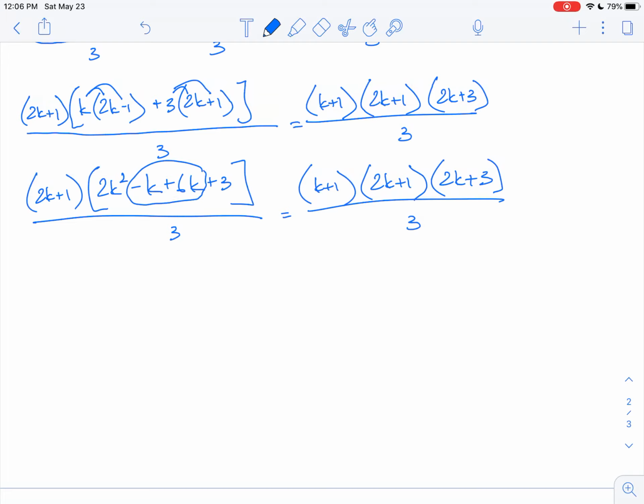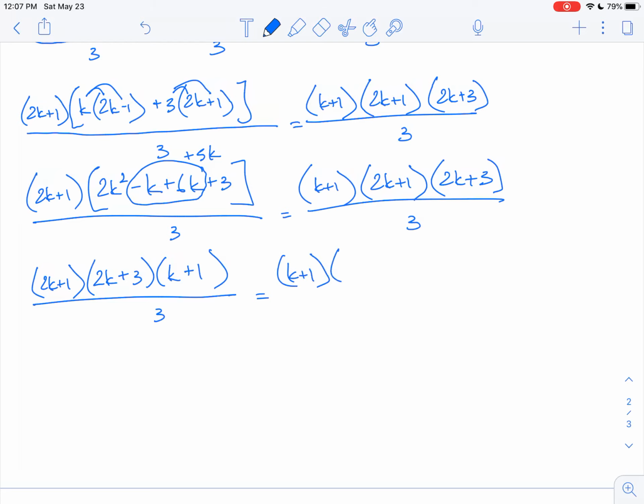All right, so these two combine to make 5k, plus 5k. So really I have 2k squared plus 5k plus 3, and that I can factor. So when I factor the 2k squared plus 5k plus 3, I get (2k plus 3) and (k plus 1), over 3 equals (k plus 1) times (2k plus 1) times (2k plus 3) over 3.